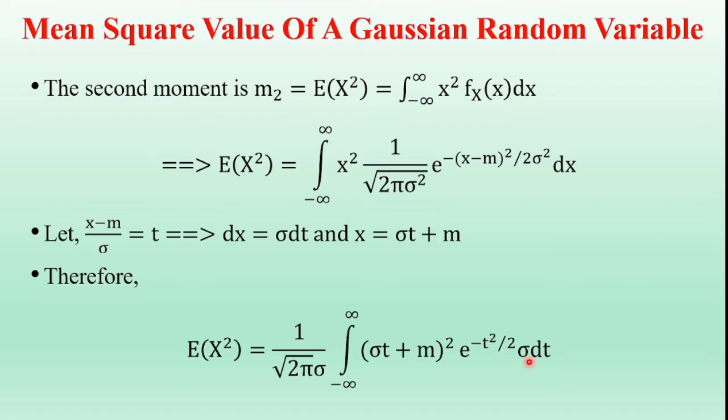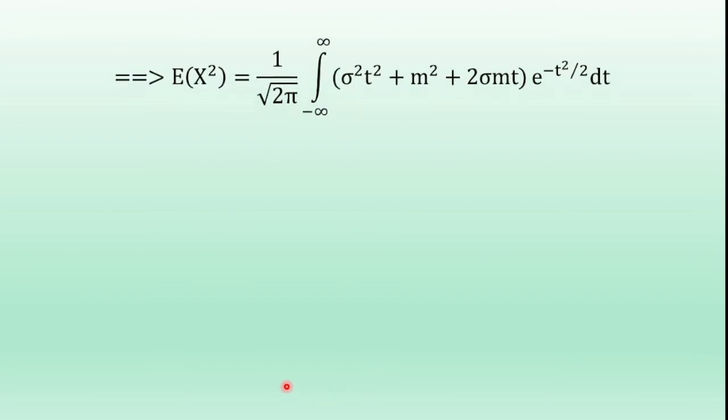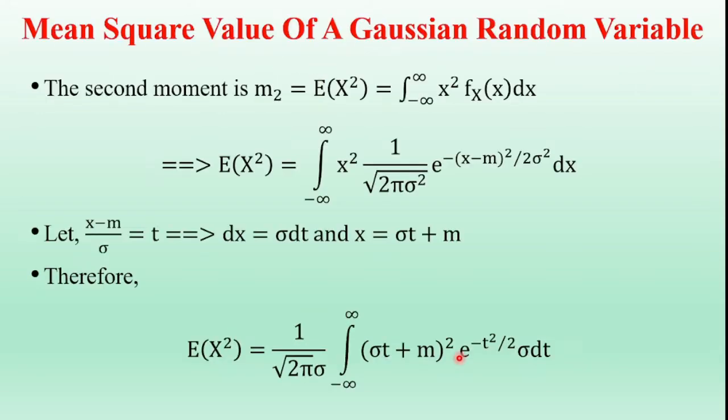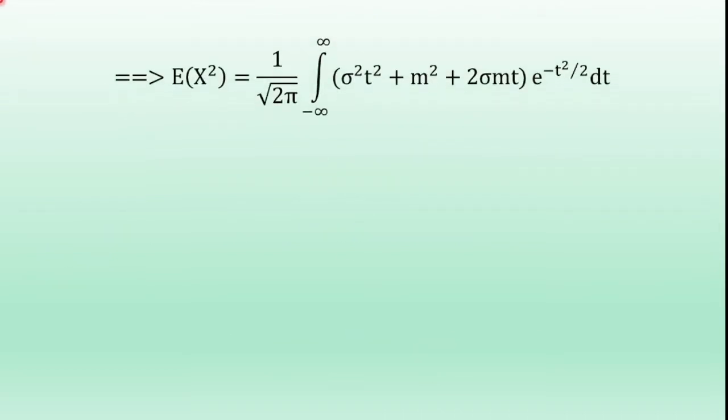Now on the RHS, the numerator and denominator sigma cancel. The remaining term is expectation of x square is equal to 1 by square root of 2 pi integral from minus infinity to infinity of sigma t plus m whole square. Applying the a plus b whole square expansion, sigma square t square plus m square plus 2 sigma mt, into e power minus t square by 2 dt.